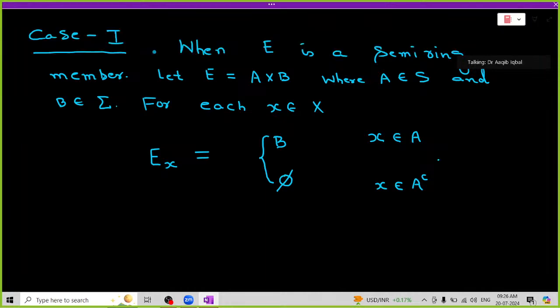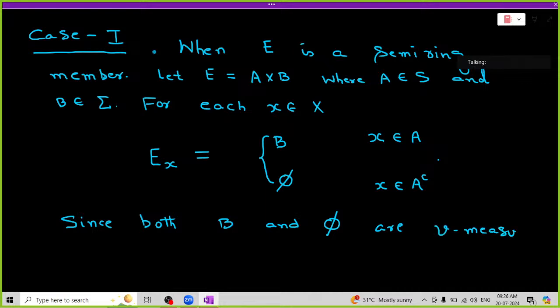Full stop. Since both B and the empty set are nu measurable, it follows that E sub x, the x section of E, is nu measurable for which x's?